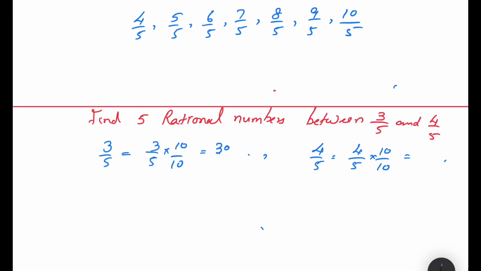So this will become 30 by 50 and 40 by 50. See how many numbers you have to find; accordingly, you can multiply the numerator and denominator with the same number, make it into another equivalent fraction, and then continue. So now you can find 31 by 50, 32 by 50, up till 39 by 50. You can choose any of the 5 rational numbers.